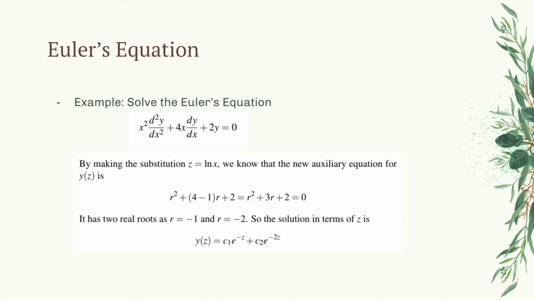That has two real roots, r equal to negative 1 and negative 2. y(z) is then c1 e to negative z plus c2 e to negative 2z. Transforming back to x by using z equal to ln x leads to y equal to c1 over x plus c2 over x squared.